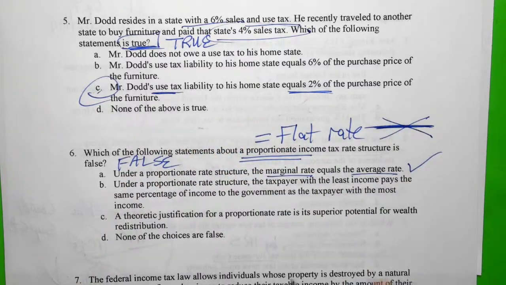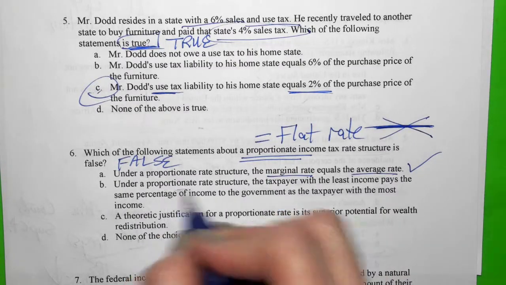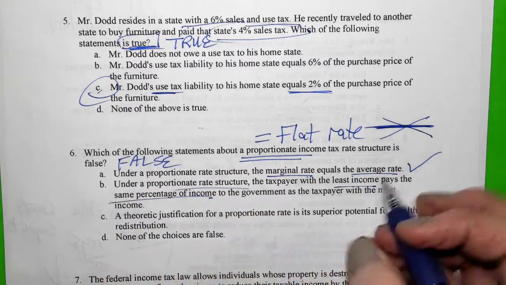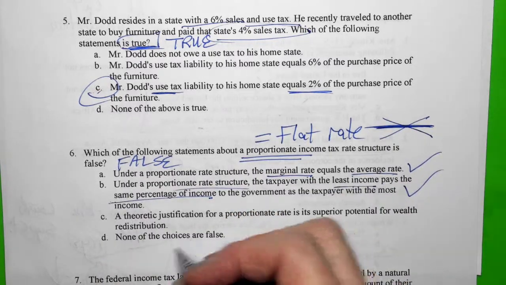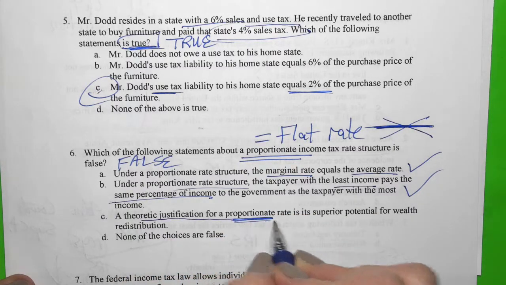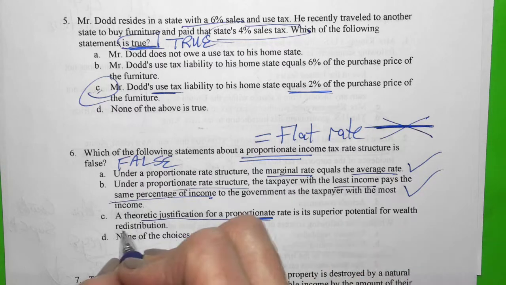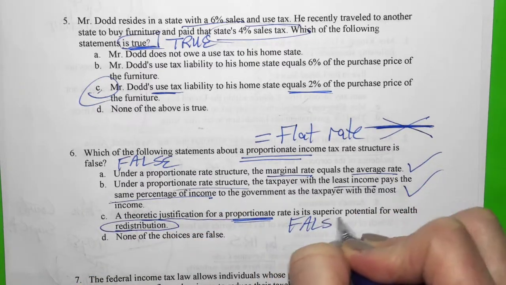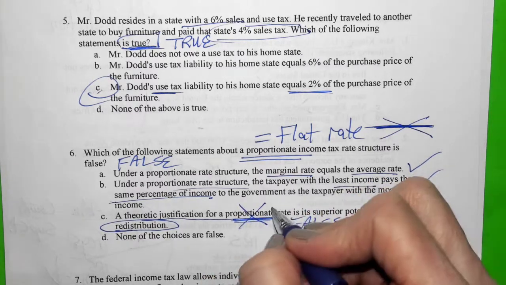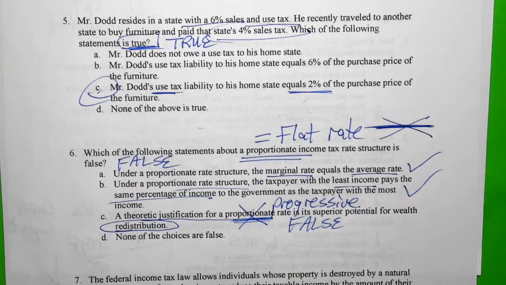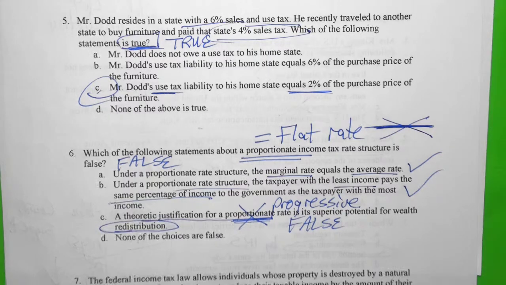Under a proportionate rate, the taxpayer with the least income pays the same percentage. Yeah, that's true. A theoretical justification for a proportionate rate is better wealth redistribution. This is false. What you would need here is a progressive system. If you tax high-income people more and tax low-income people less, that would be redistribution. So the answer is C.